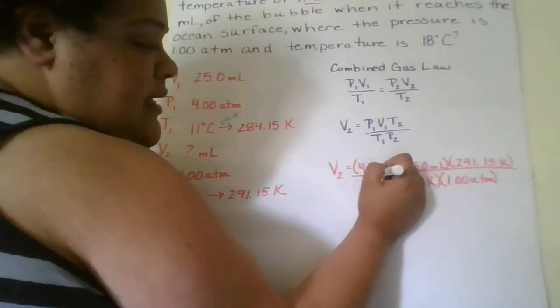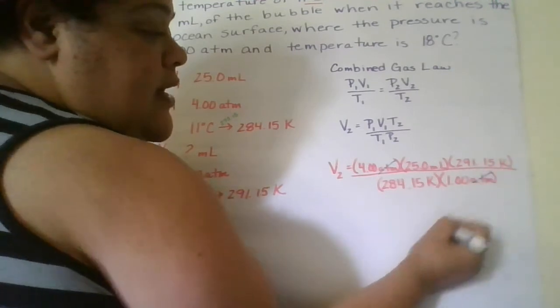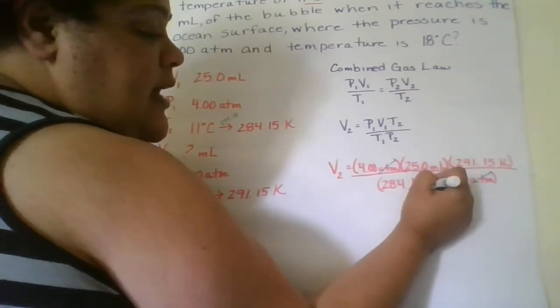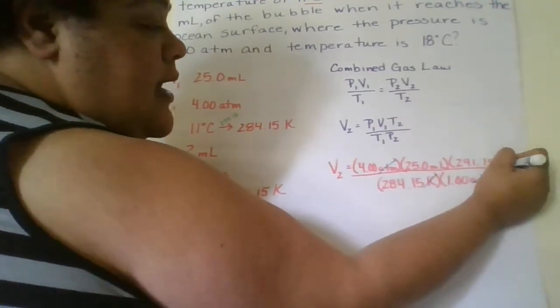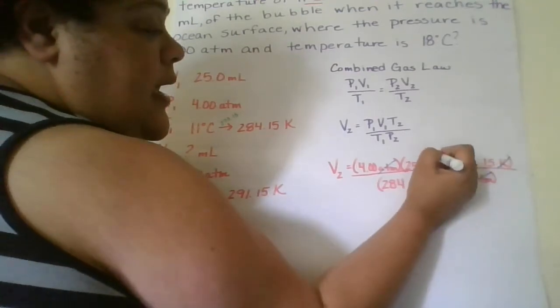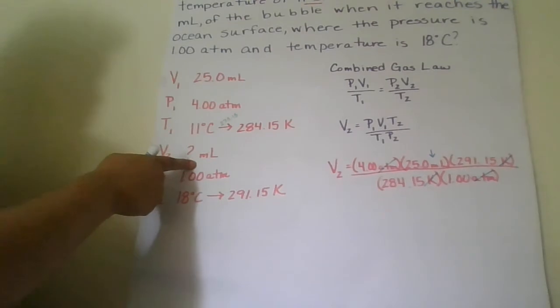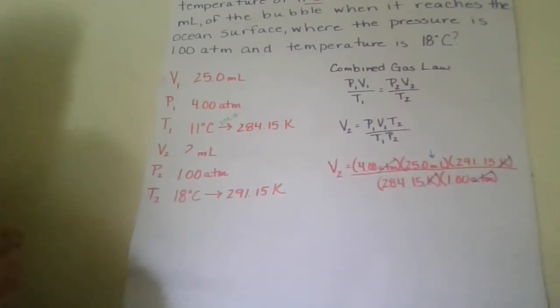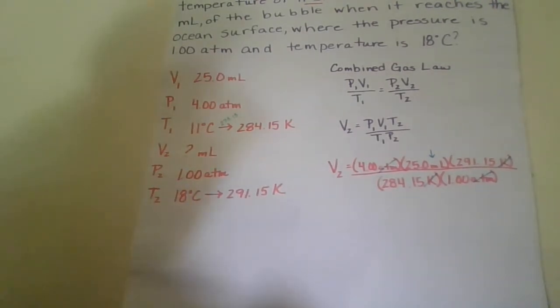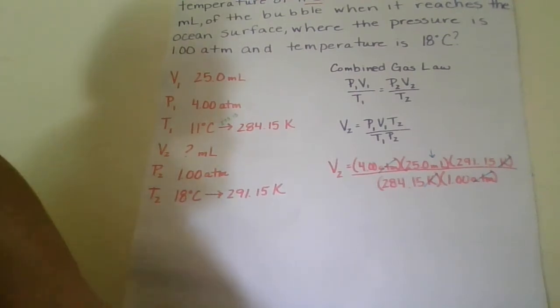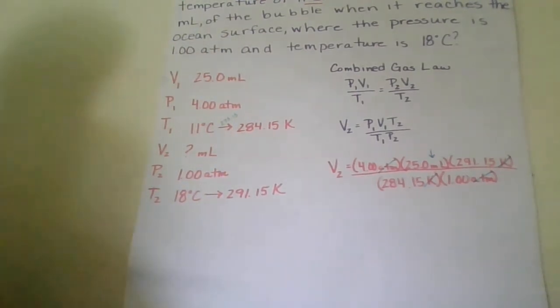I have an atm here and here. I have a Kelvin here and a Kelvin here. And look, I am left with the mL that the question is asking me for. So we're going to plug these into that very simple calculator.